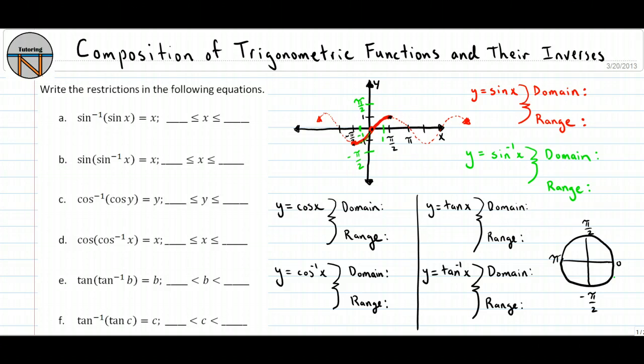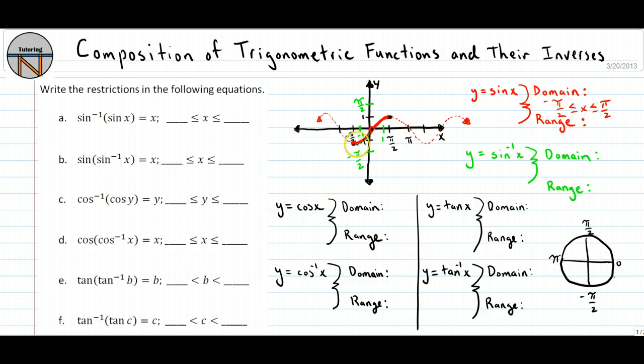And the reason we'd want to do that, make our domain from negative pi over 2 to positive pi over 2, is because when we come up with the inverse, it would allow us to create a function. If there's no restriction on the domain of sine of x, when you go to create its inverse, the inverse would not be a function. Okay, and we'll talk about how you do that in just a moment.